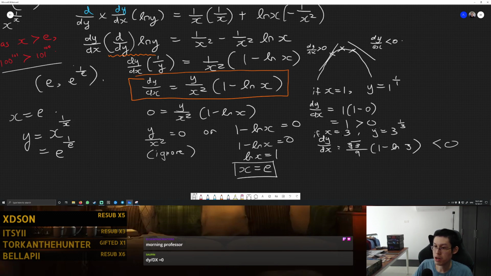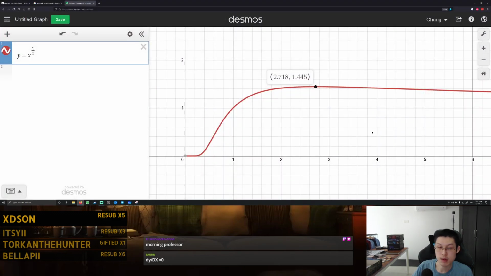So therefore, we can conclude that this stationary point is in fact a maximum point. And then when you try to plot the graph, you would get something like this. There you go.